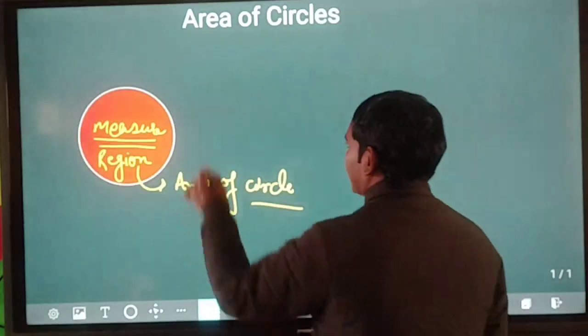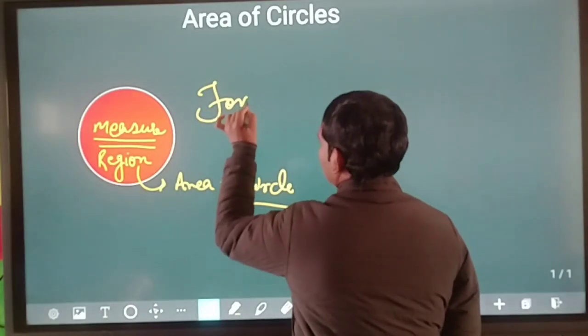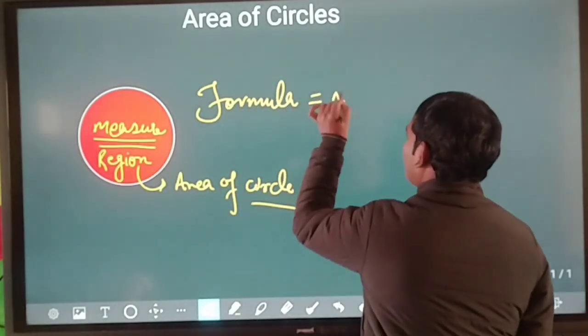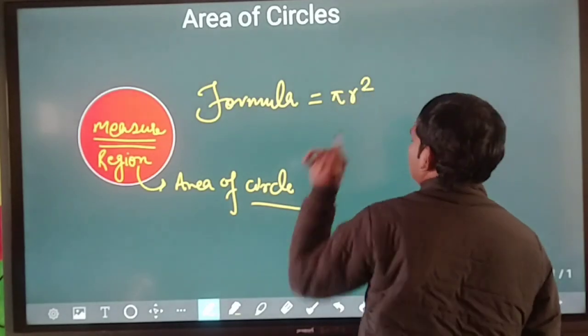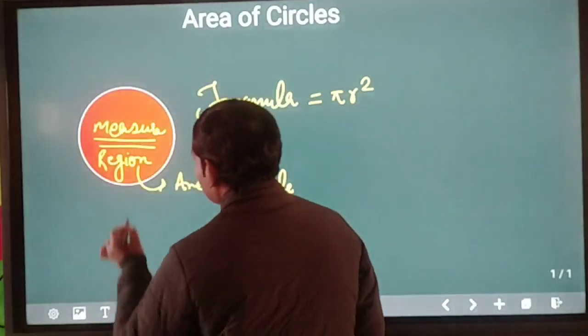And if we talk about its formula, then we have pi r square. What do we mean by radius r?